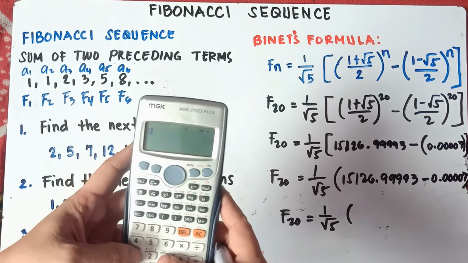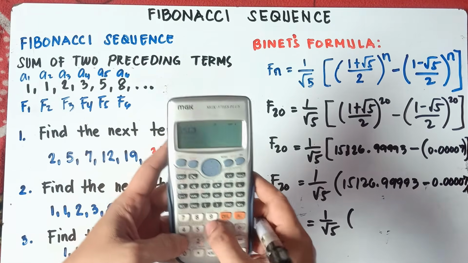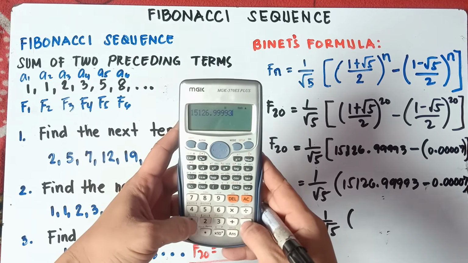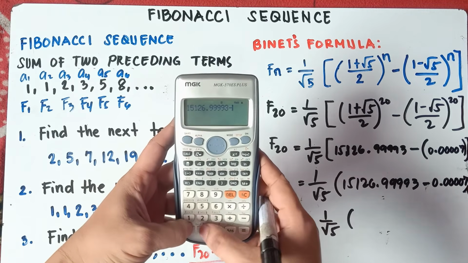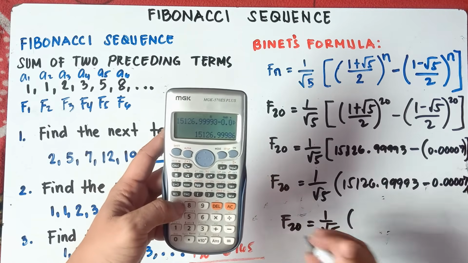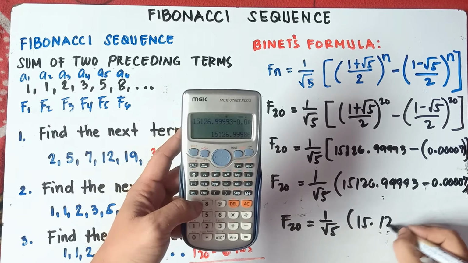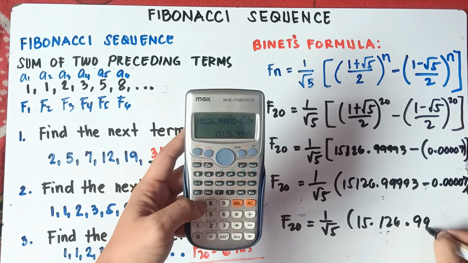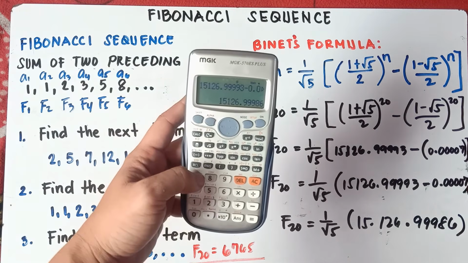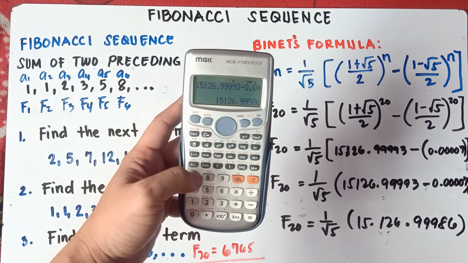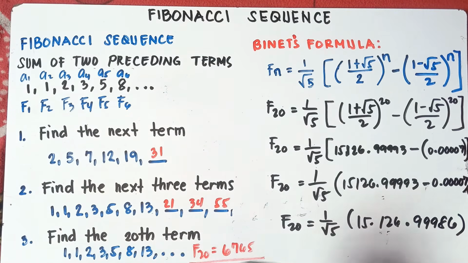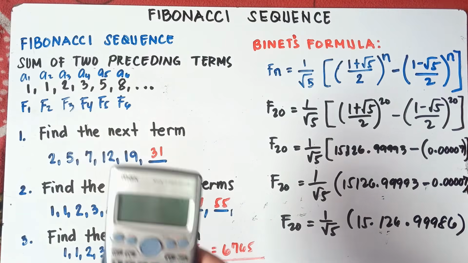So this will be 15,126.99993 minus 0.00007, then you will get 15,126.99986. I hope you see this one, class. Sir, why is it 5-digit decimal? So that our answer is near to exact.